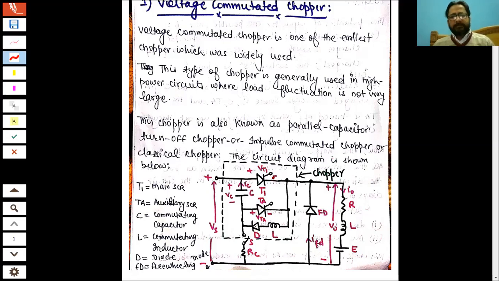Because when SCRs are not conducting and the diode is not conducting, they behave as an open path. So no current will flow from any of these paths, right? So now when you connect this switch, when you turn on the switch S, what happens? This capacitor gets connected with the supply and the current will flow like this.